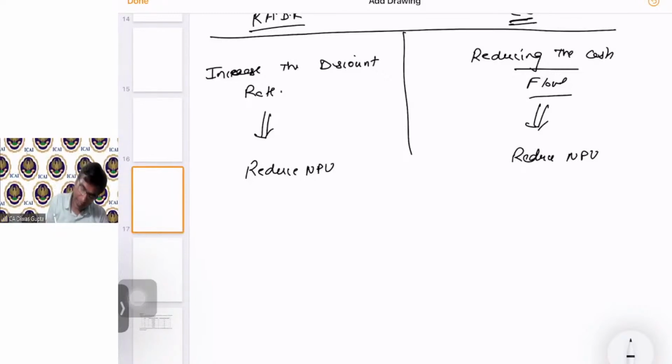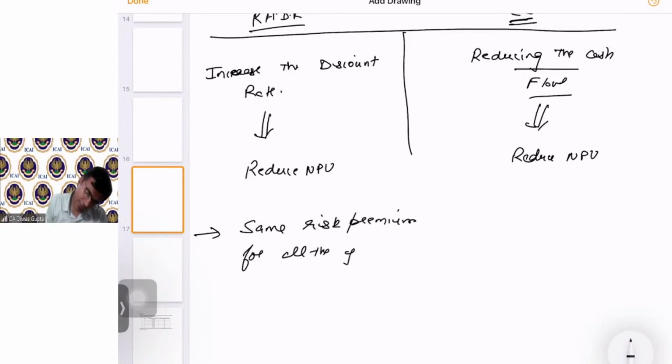But RADR has a limitation. Same risk premium for all the years. Because your WACC, or let's say the discounting rate, is the same for all the years, and hence you will end up assuming the same risk premium for all the years.